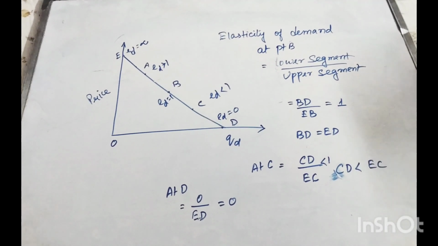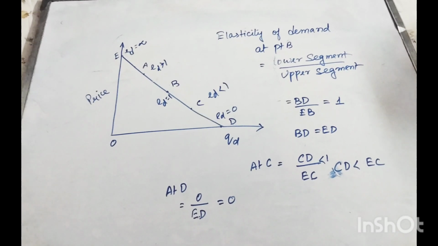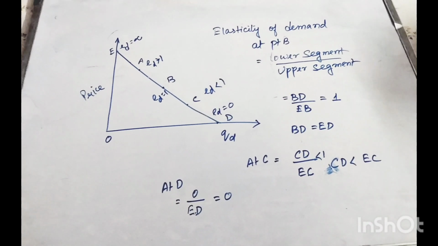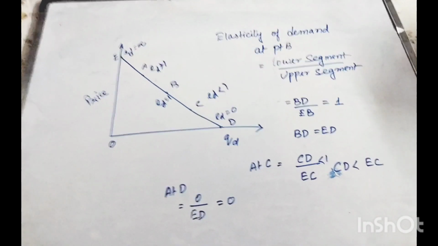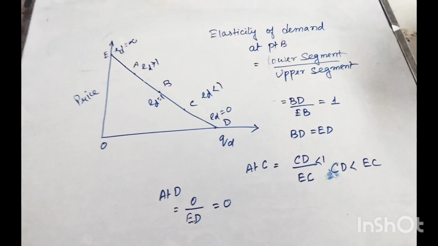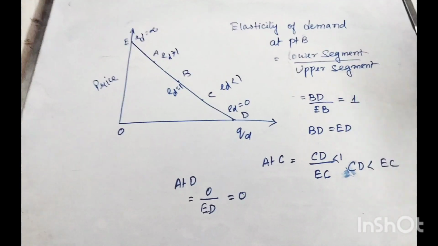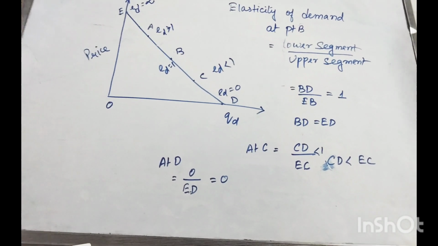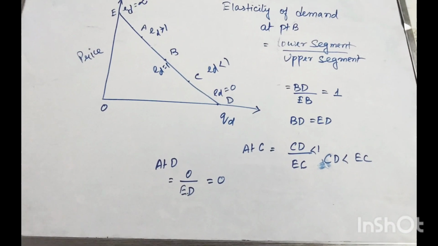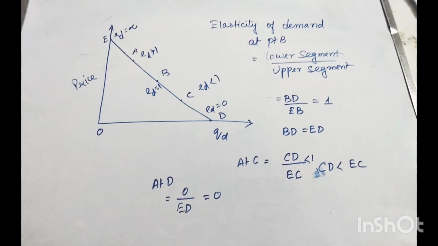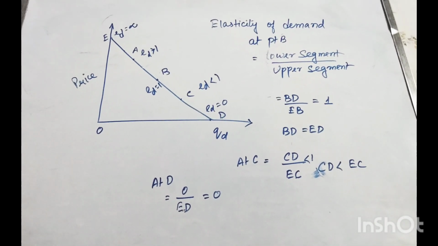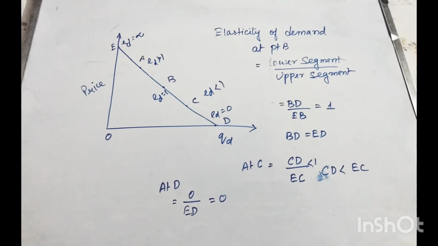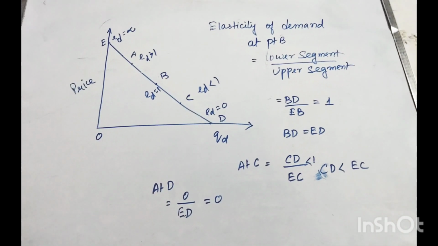If the question comes, what are the different elasticities of demand on a linear demand curve, then you have to draw this and write in the same way as I have shown you. If the question comes, explain the various degrees of price elasticity of demand at different points on a straight line demand curve, this question came in the year 2019 ISC. So you have to write in the exact way as I have shown you in this video.